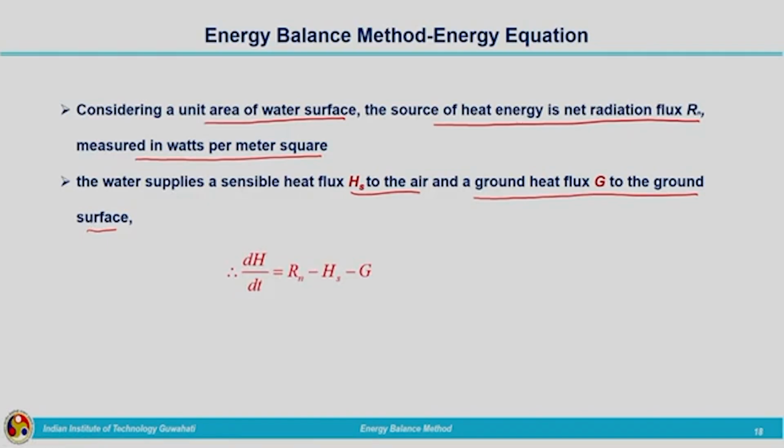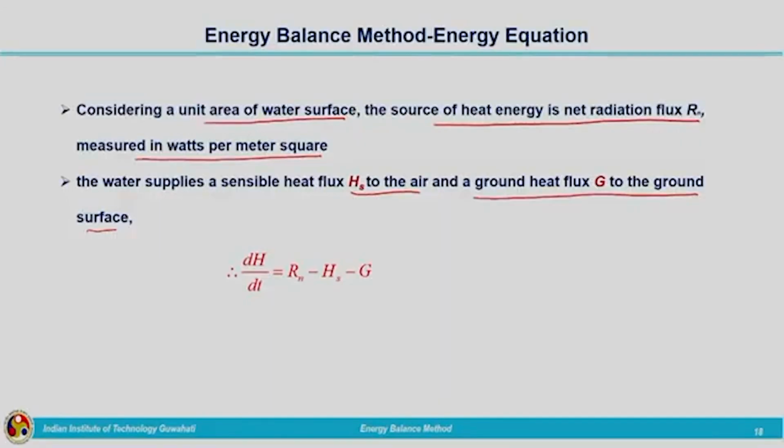Net radiation entering into the system, Rn, some amount is lost to the atmosphere, that is Hs, and some is lost to the ground. So, it can be written as dH by dt is equal to Rn minus Hs minus G. So, net how much is the heat energy present there, Rn minus Hs minus G. Other than that, there is no exchange or heat transfer taking place across the pan boundaries.